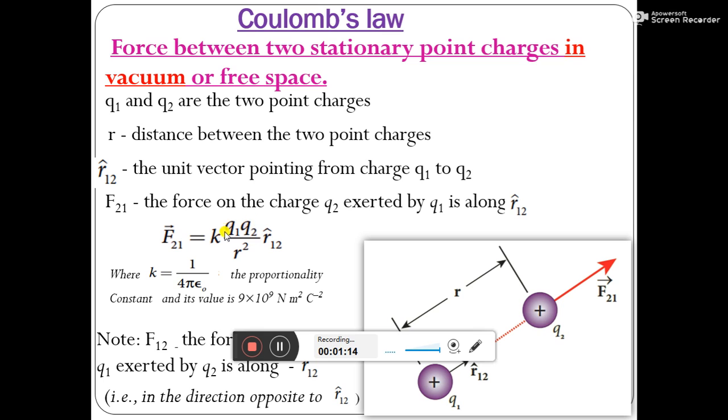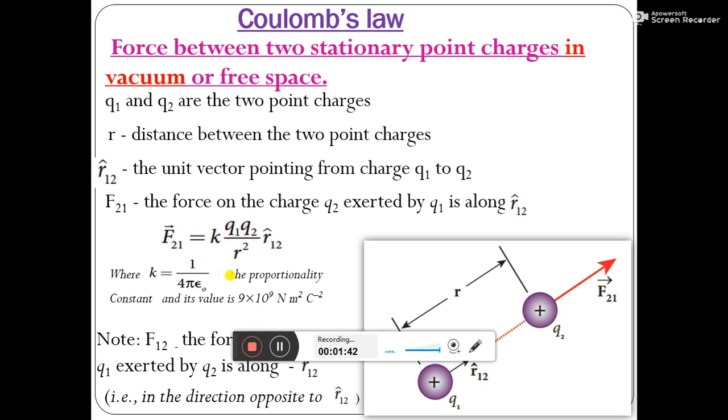Q1 and Q2 are the point charges. r is the distance between the two point charges, where k is given by 1 divided by 4 pi epsilon naught, the numerical value of which is 9 × 10^9 newton meter squared per coulomb squared.